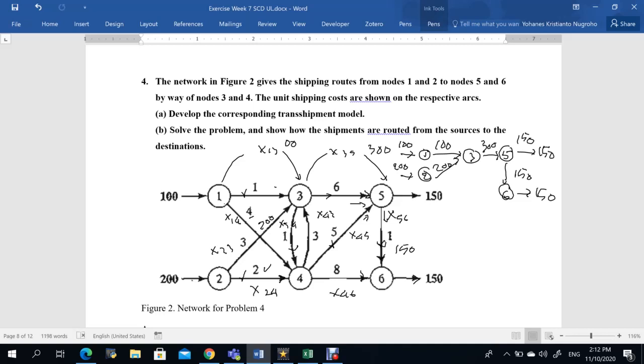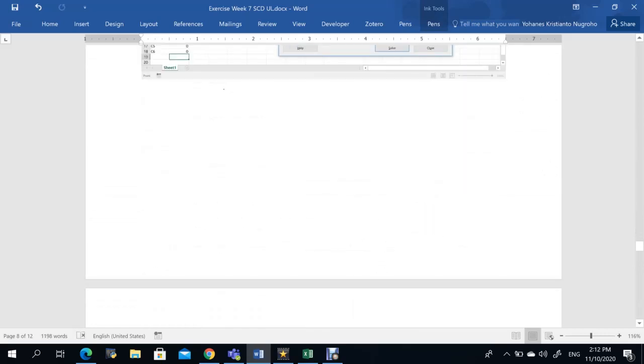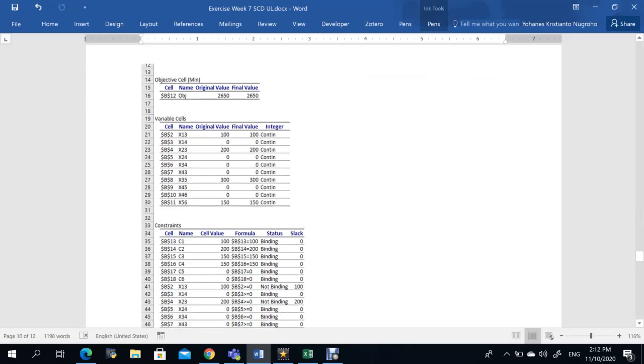All right. If we look at the output of our Excel solver, we have a final value of 2650, and also the variable values, including the distribution of products from which source to what destination points.